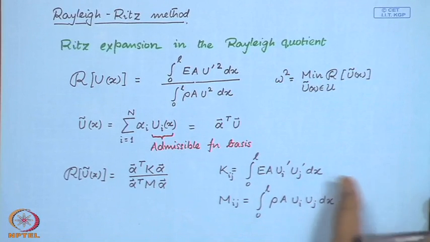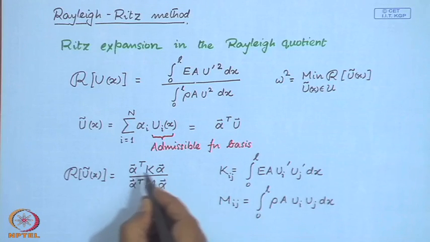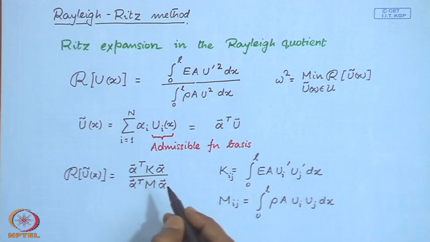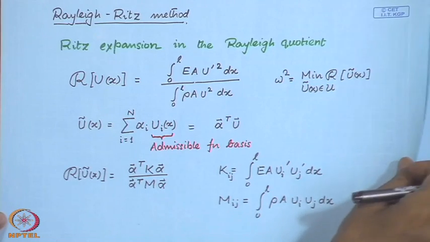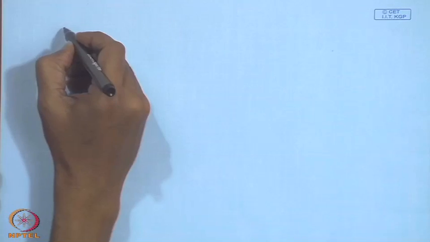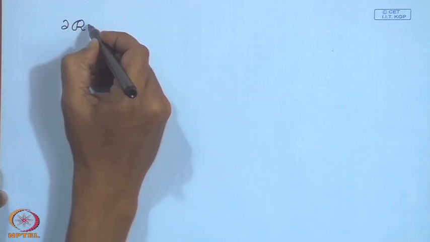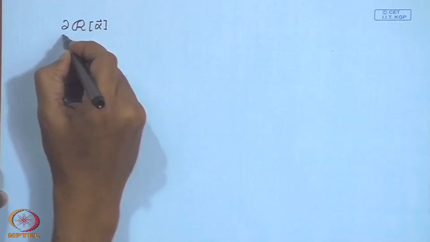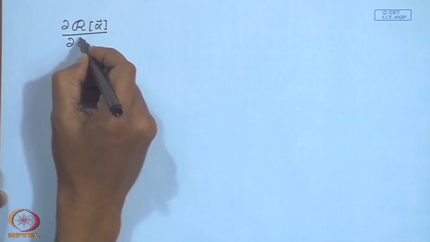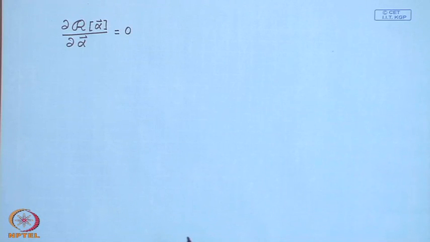Now, remember this alpha vector is unknown. So, we have to minimize with respect to this vector alpha. So, which implies that this Rayleigh quotient is a function of this vector alpha, and this must be put to 0.